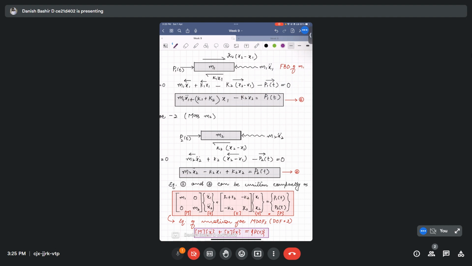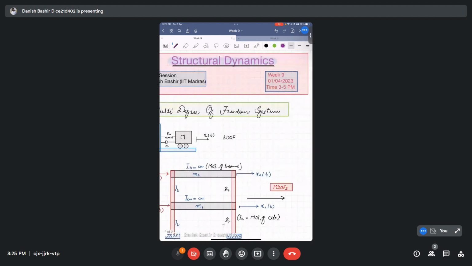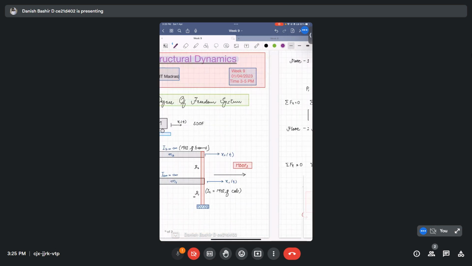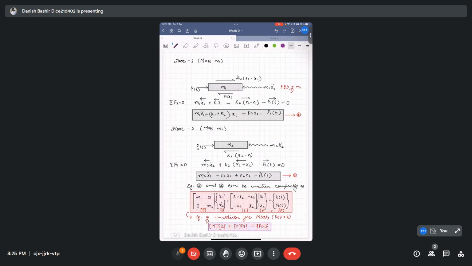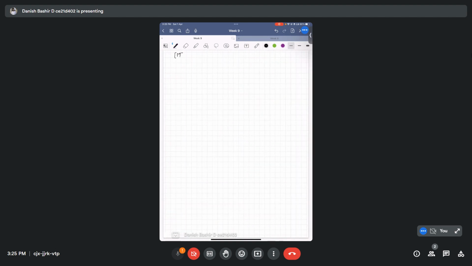Here M is the mass matrix, K is the stiffness matrix, x double dot is the acceleration vector, x is the displacement vector, and p is the load vector.